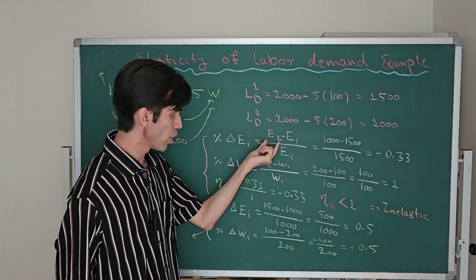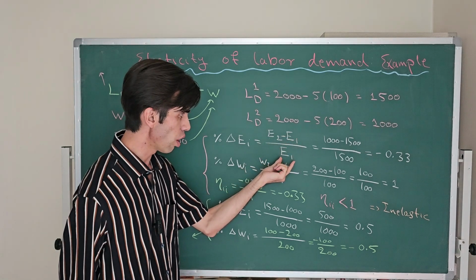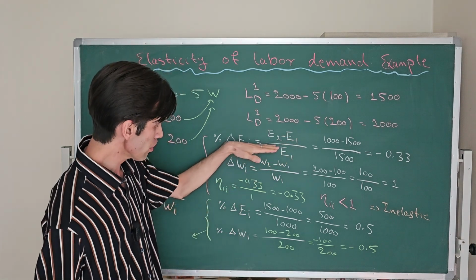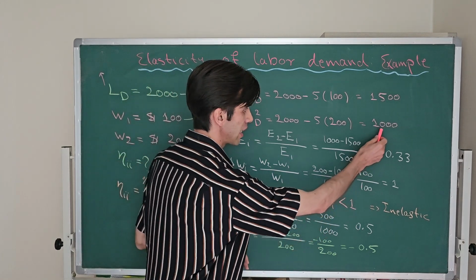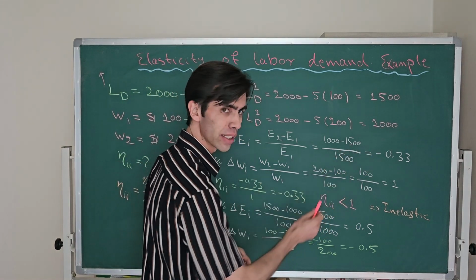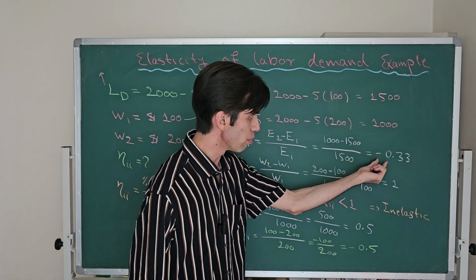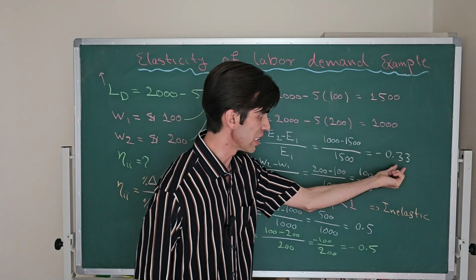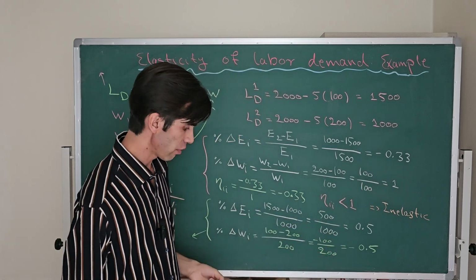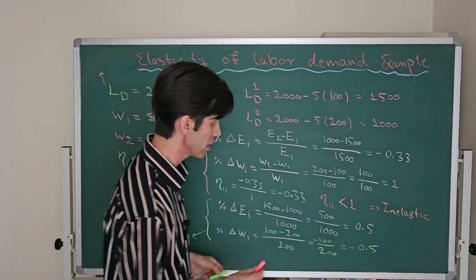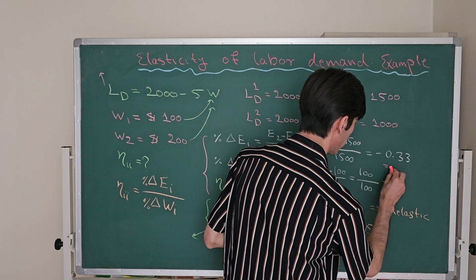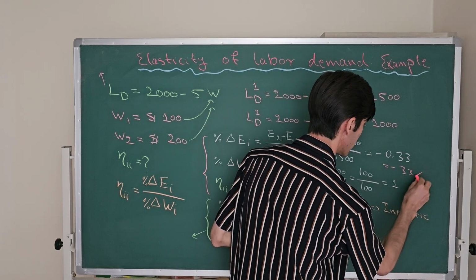So new employment minus initial employment over the initial employment. New employment is 1000 minus initial employment 1500, over 1500, will be equal to minus 0.33. Or if we write it in terms of percentage, it will be equal to minus 33%.